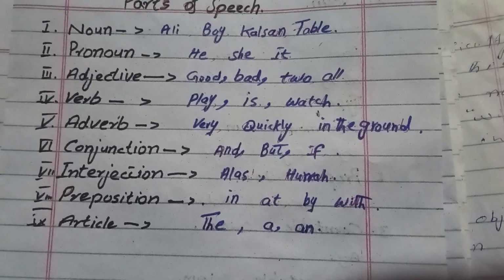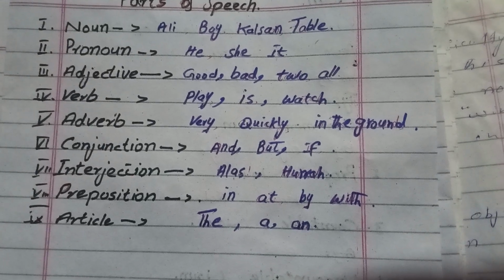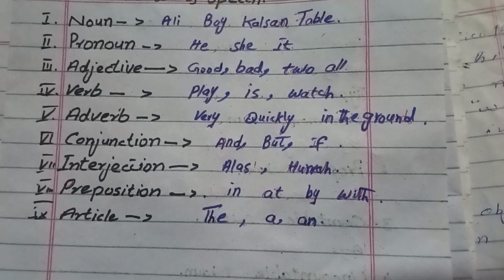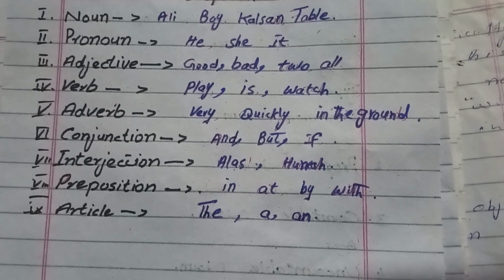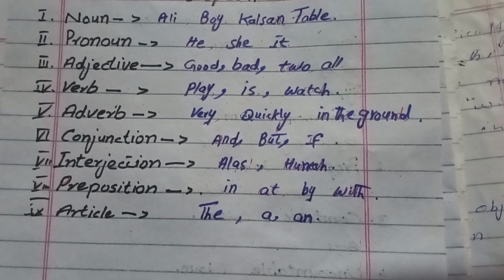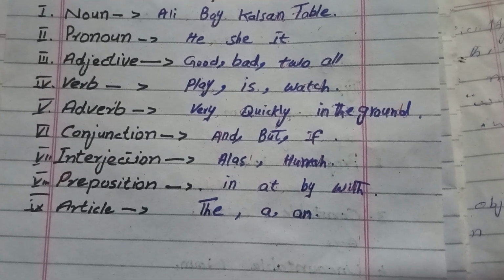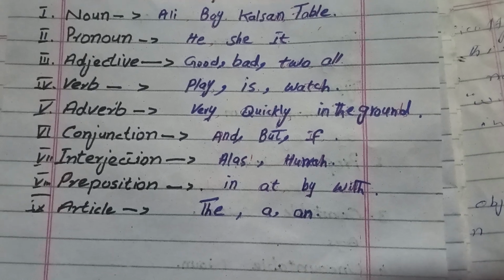The fourth part of speech is verb. Verb is defined as a word which shows an action, state of being, and experience. Action verbs show activities in which the body of someone is involved.